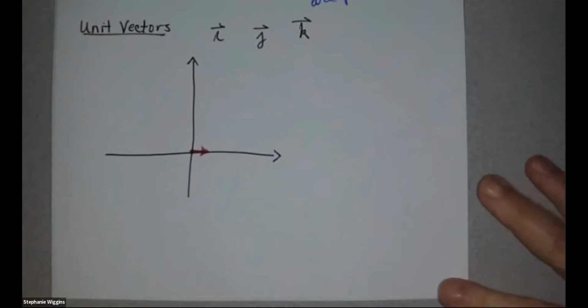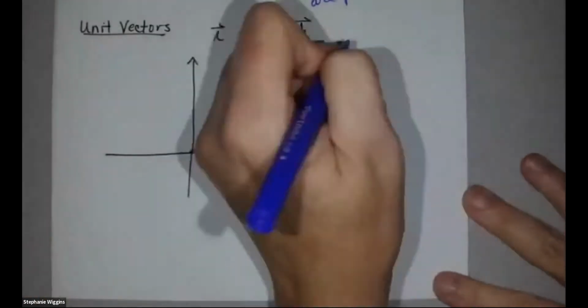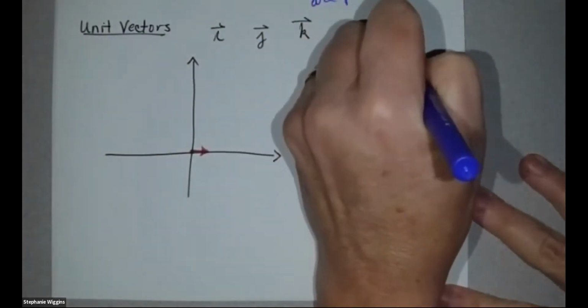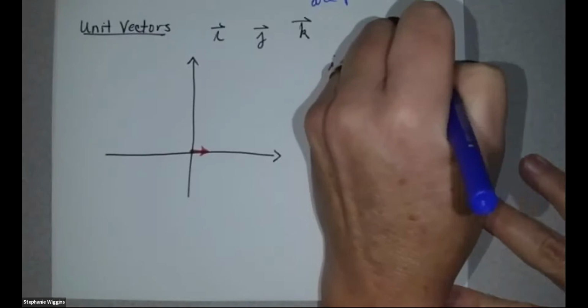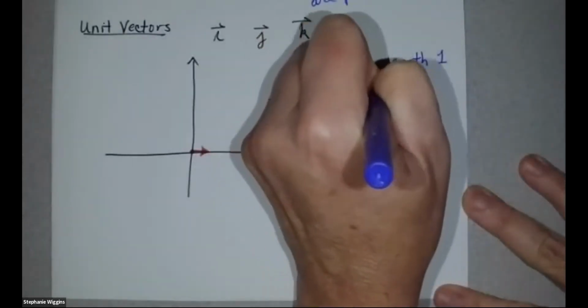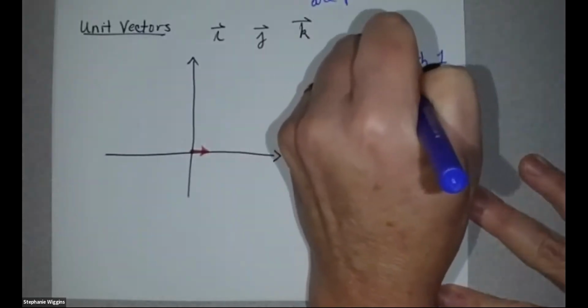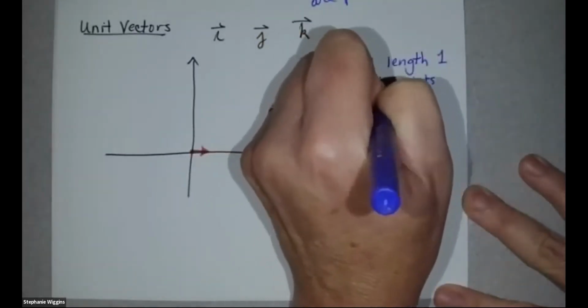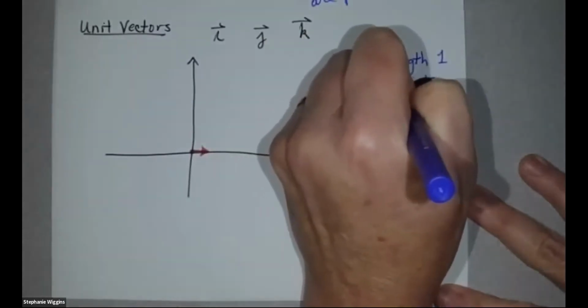So, I has length 1. That's why we call it a unit vector. And it points in the positive direction along the x-axis.